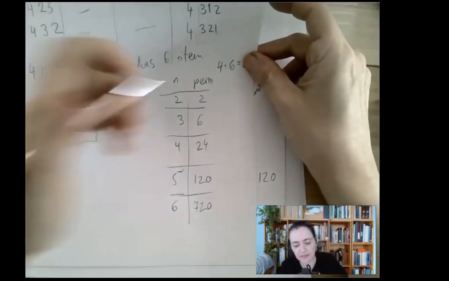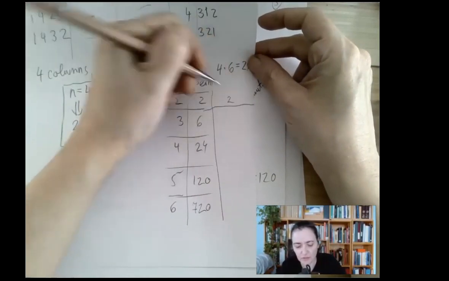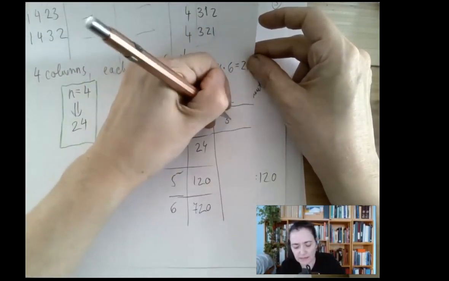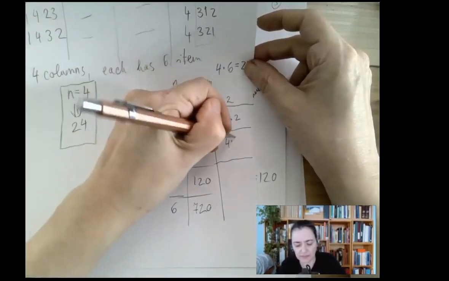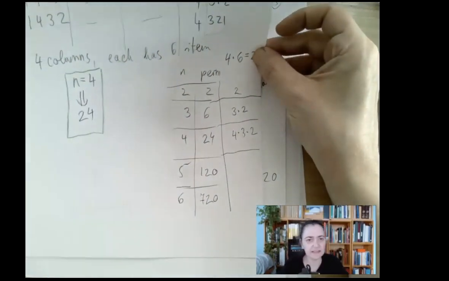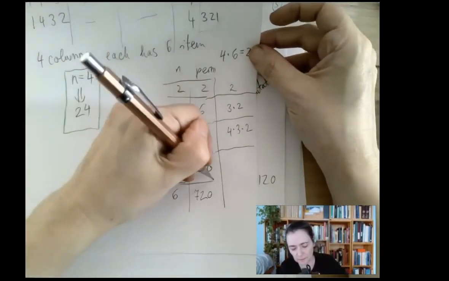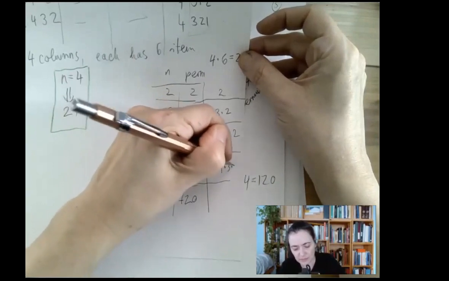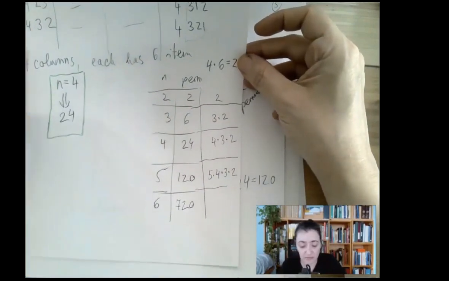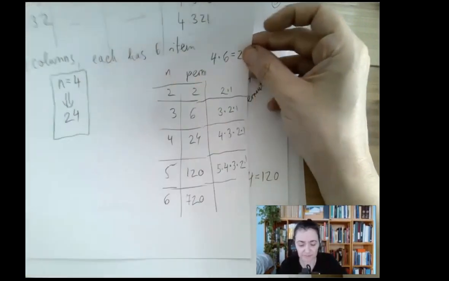In fact, we can rewrite this a little bit funny. We can write this as 2, and this is 3 times 2, and this is 4 times 3 times 2, but I just want to indicate what we get if you just keep multiplying by a higher number. This is 5 times 4 times 3 times 2, and by the way, we could say 2 times 1 if you wanted. That really is optional.